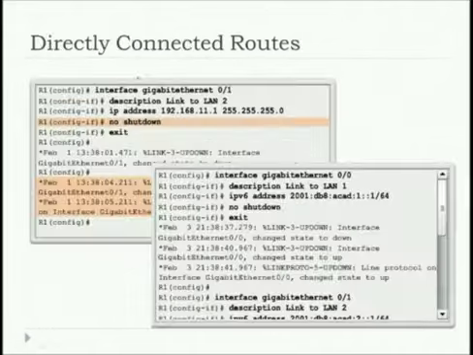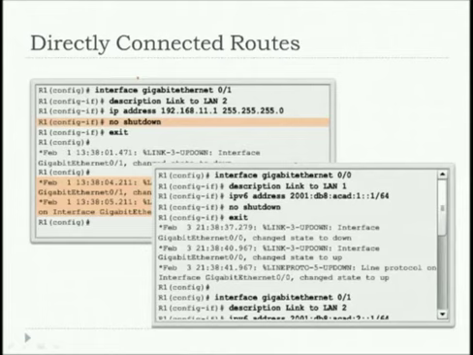Now it is time to talk about the directly connected routes configuration. In order to add the interface to the IP routing table, we have to apply the following changes. First, the interface must be assigned a valid IP version 4 or IP version 6 address.